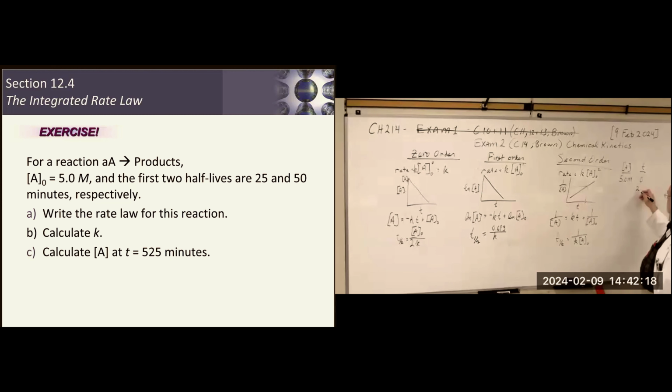So after 25 minutes, how much A do we have? 2.5, half-life. The second half-life takes this as A0, and it goes another 50 minutes. So that means the overall time now is 75 minutes, because the half-life went from 25 to 75. This is 50 minutes for the next half-life. That means this is cut in half again, 1.25 molar.